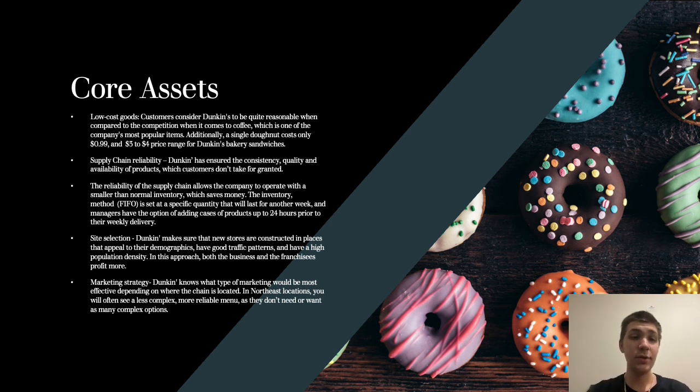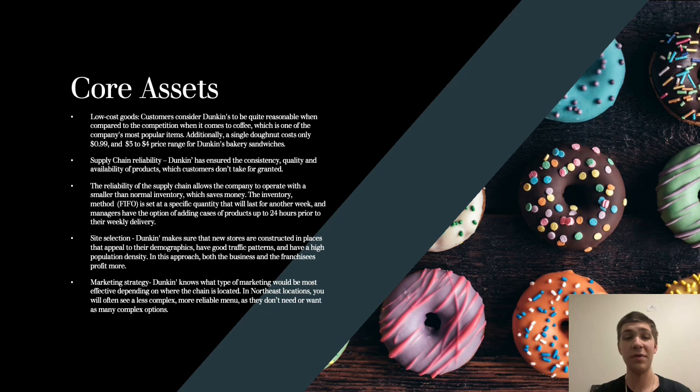Dunkin' makes sure that new stores are constructed in places that appeal to their demographics, have good traffic patterns, and have high population density. By doing this, both the business, Dunkin', and the franchisees profit more. Dunkin's market strategy is very smart as they think about what would be most effective where the chain is located.